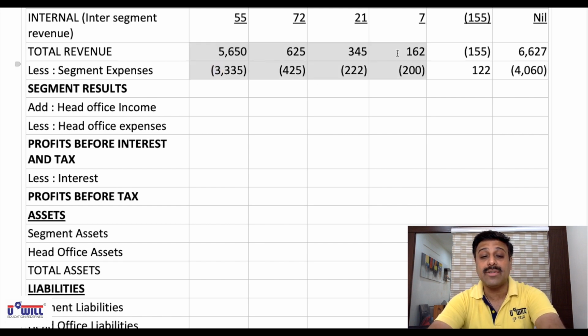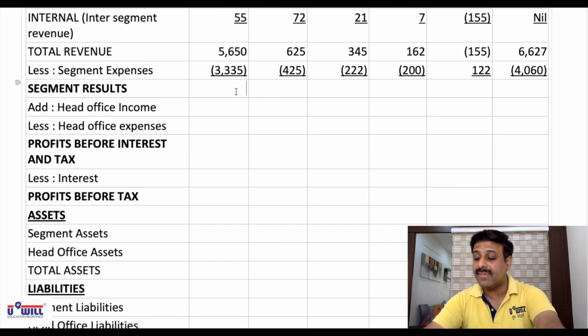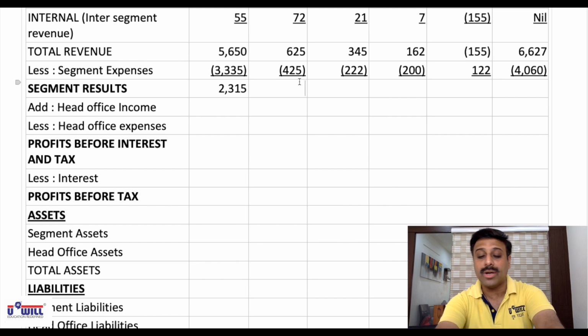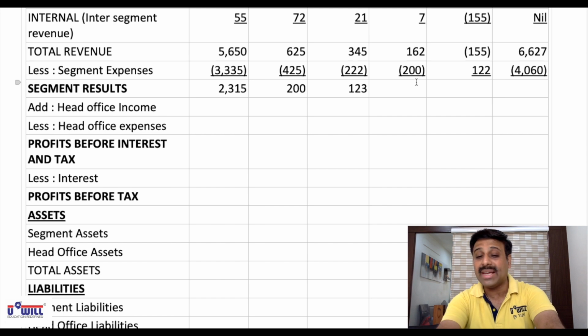Now we'll get the segment results. So 5650 minus 3335, 2315 of profit, 625 minus 425, so 200 of profit, 345 minus 222, so 123 of profit, 162 minus 200, so minus 38 of loss, and minus 155 plus 122, so 33 of profit we have to eliminate.